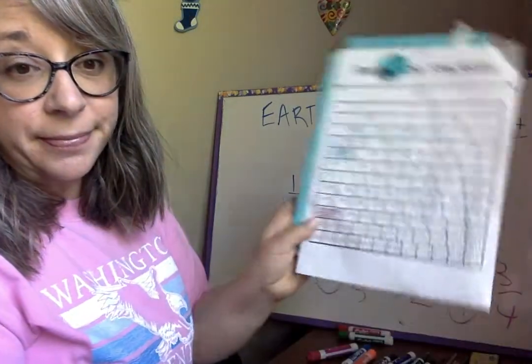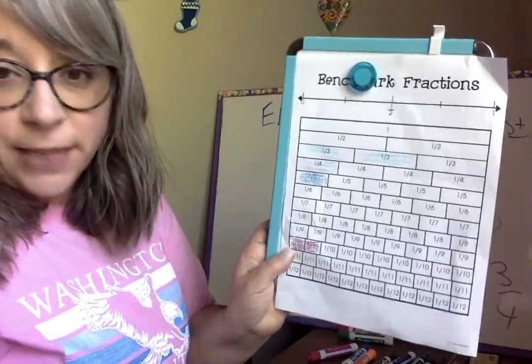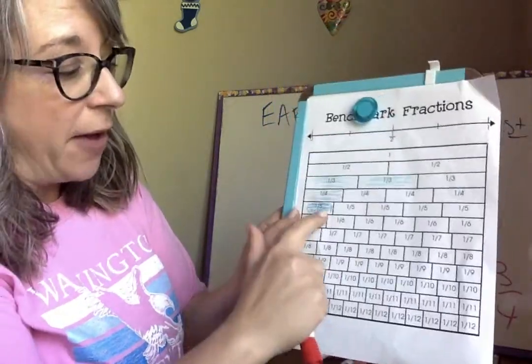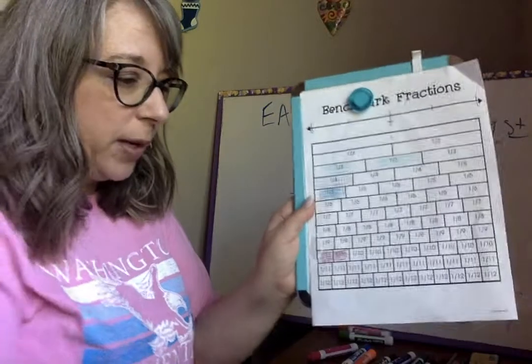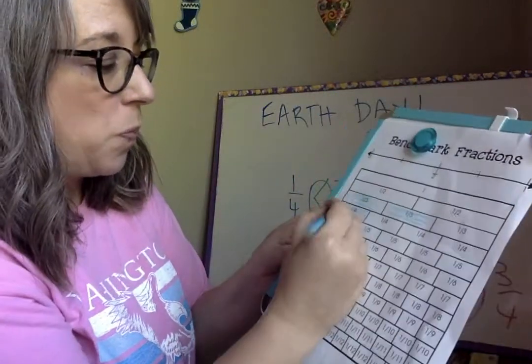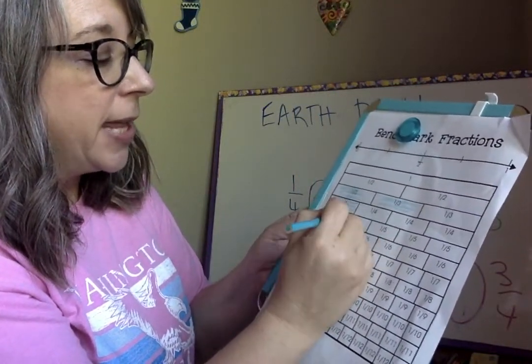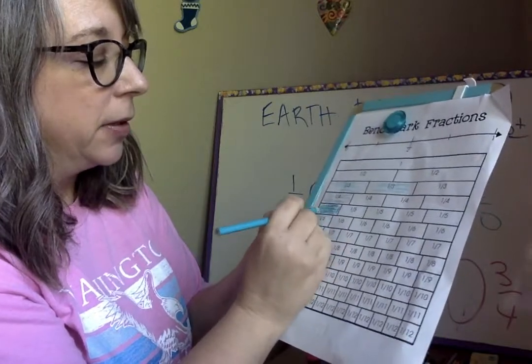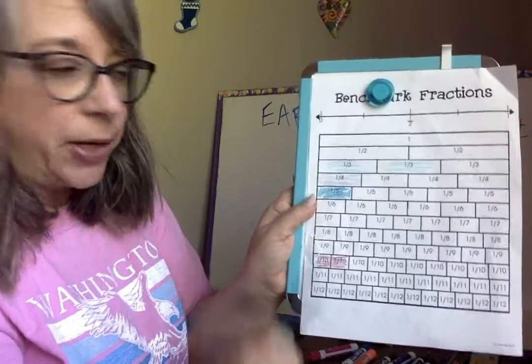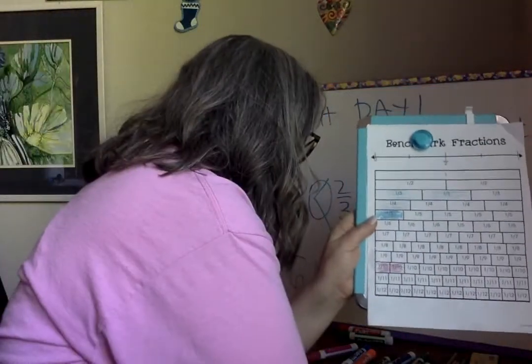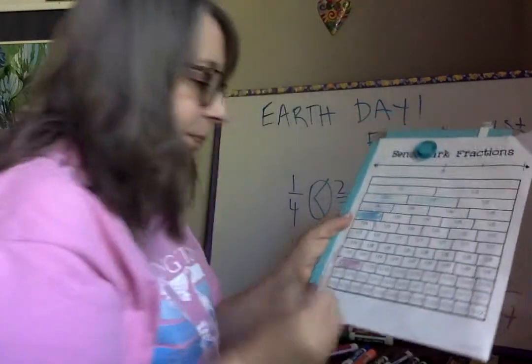But in the fraction world, that's not true. So here we have 1/5. We've already shaded in our 1/5. Now you've got to think about this in terms of space. So here's our 1/5. Let's shade in our 1/6.